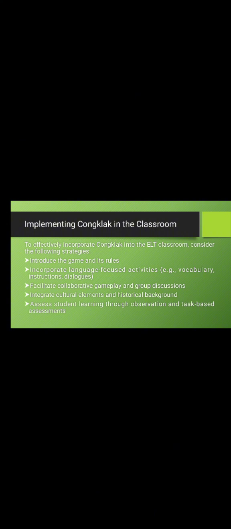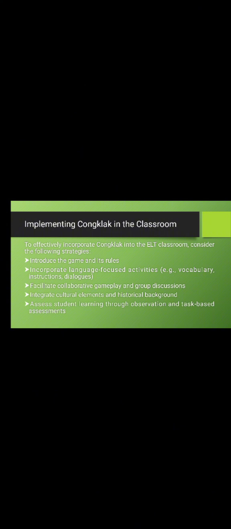To effectively incorporate Congklak into the ELT classroom, consider the following strategies. The first, introduce the game and its rules. So the first step, we should introduce the game and the rules for the students. The second one is incorporate language-focused activities.